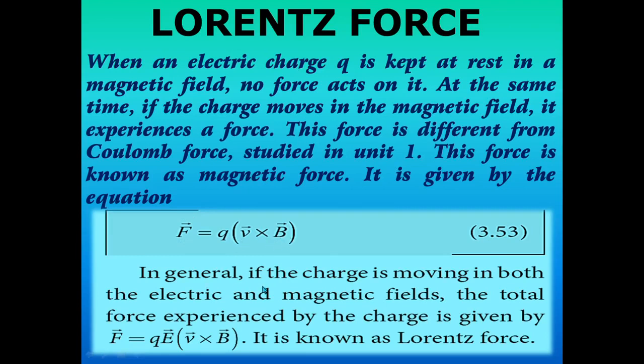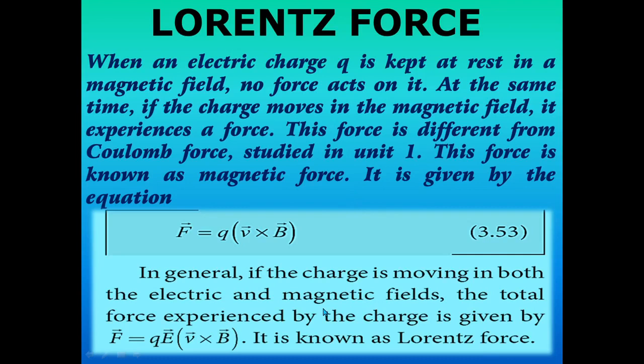In general, if the charge is moving in both the electric and magnetic field, the total force experienced by the charge is given by F vector is equal to Q times E vector plus V vector cross B vector. It is known as Lorentz force. That means, simply, what is meant by Lorentz force?